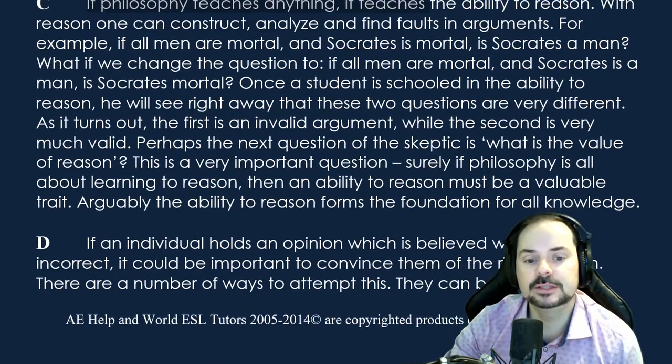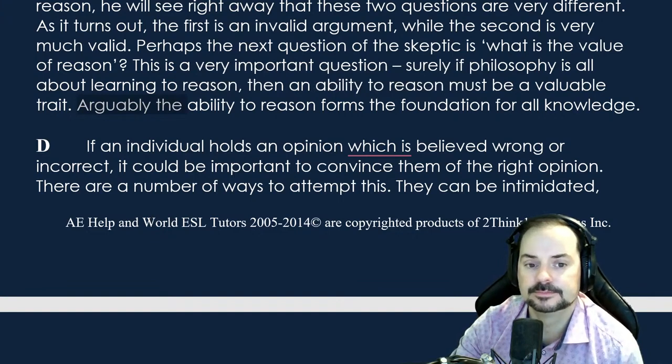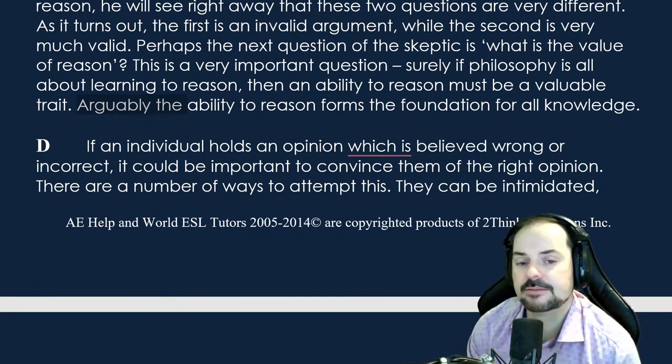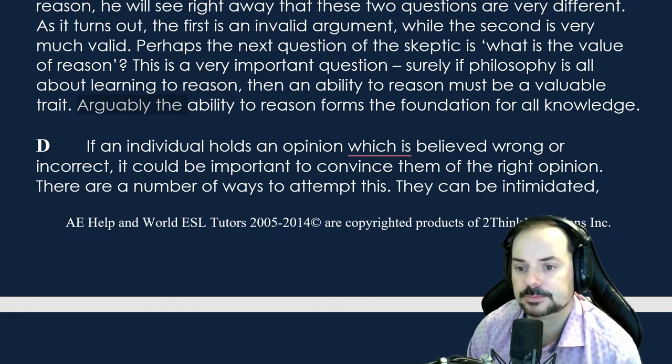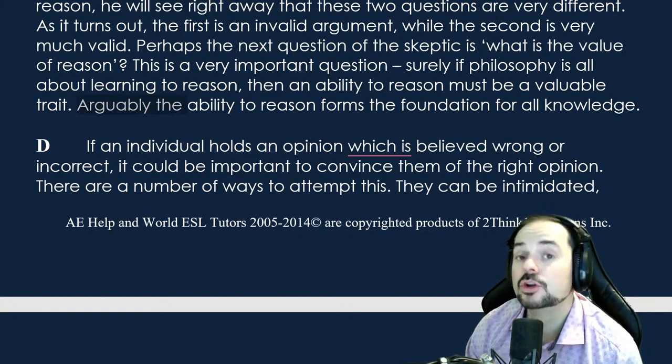Okay, read the last sentence of this paragraph from here. Arguably, the ability to reason forms the foundation for all knowledge. Okay, what part of the paragraph is this? What sentence part is this? So the first sentence is the topic sentence. The last sentence is the concluding sentence.